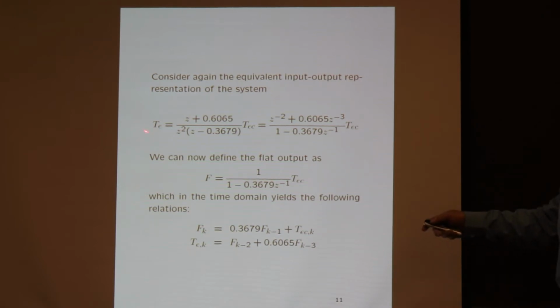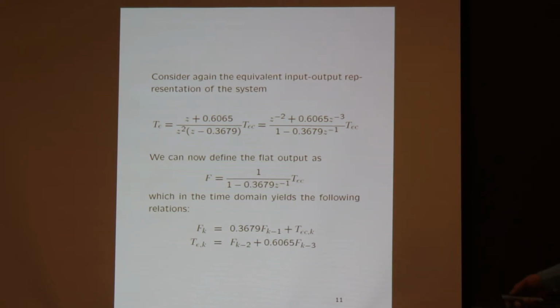So the input temperature and the output temperature related by this transfer function in the C domain is also equivalent to this one containing negative powers of C. Since the system is third order, we have multiplied by C minus 3 the numerator and the denominator. That means we have taken the system variables and we have shifted them back to the past at least 3 times or 3 steps.